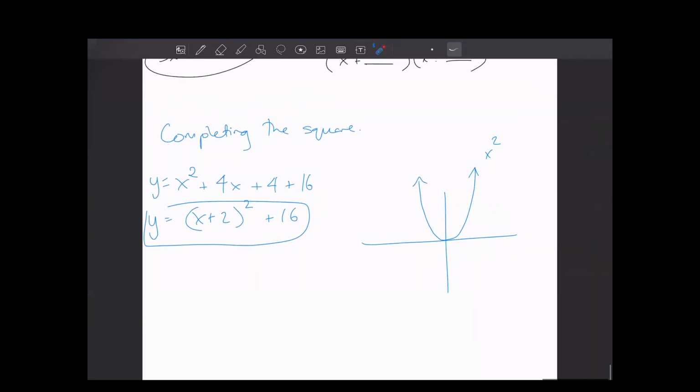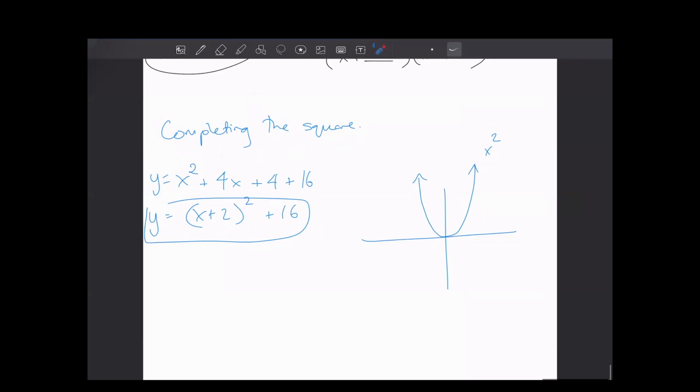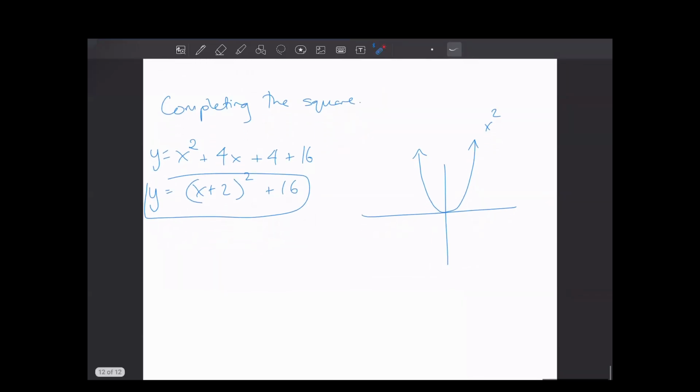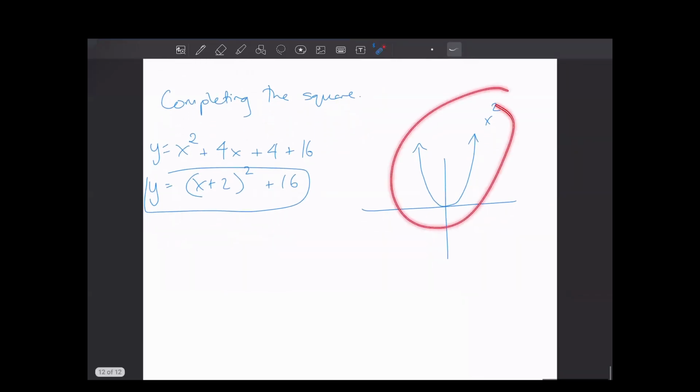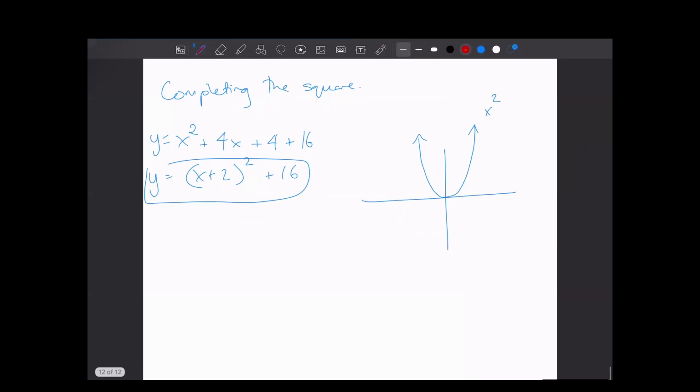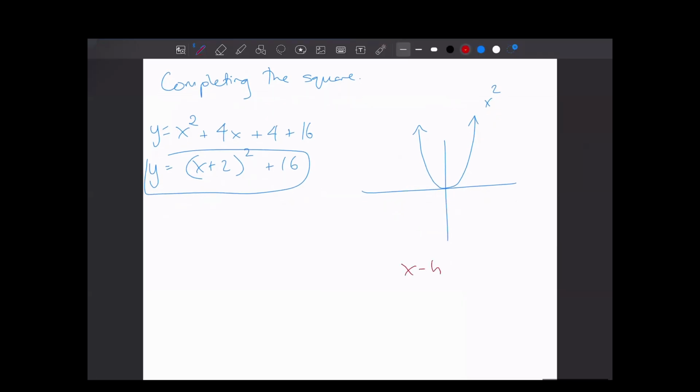So let me give a hint. This is the parabola x squared, right? Where would the parabola x minus h squared look like? It would be more to the left, wouldn't it? Close. It would be to the right.